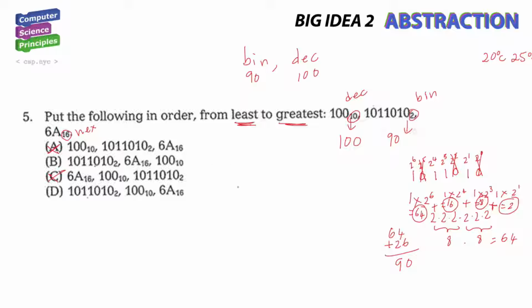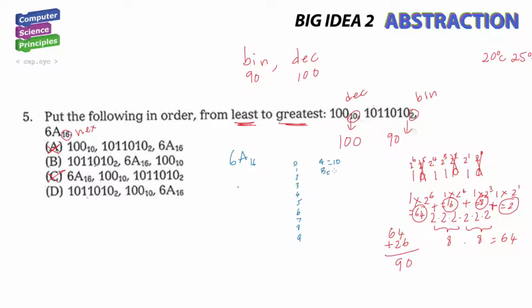So now we need to convert the hexadecimal, 6A in base 16. Keep in mind, just like the chart we did before, where we went 0, 1, 2, 3, 4, 5, 6, 7, 8, 9, and then 10 would be A, so that equals 10.